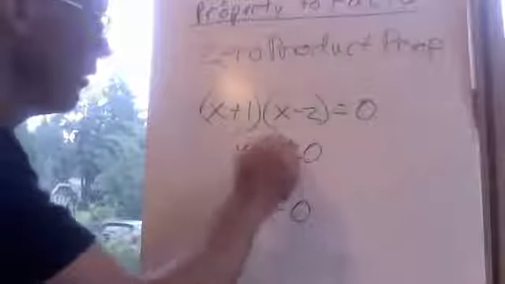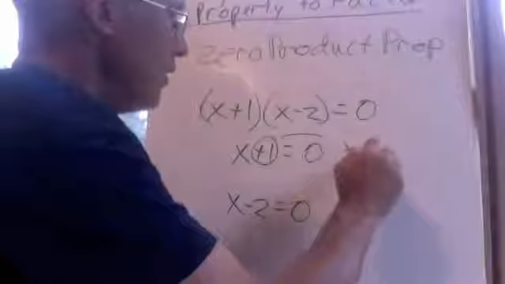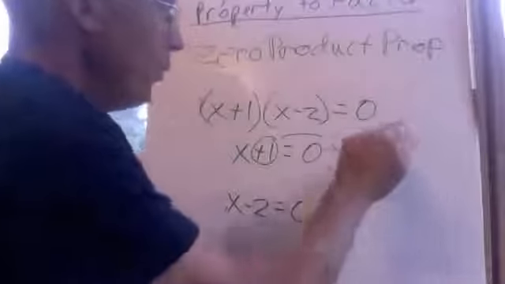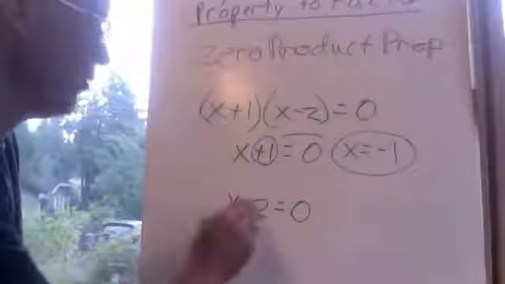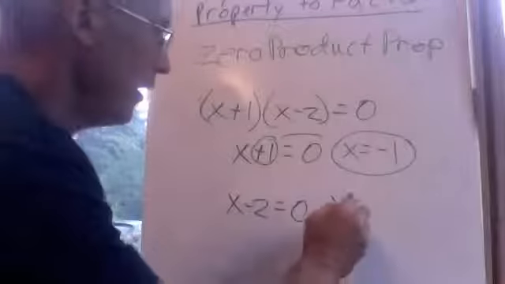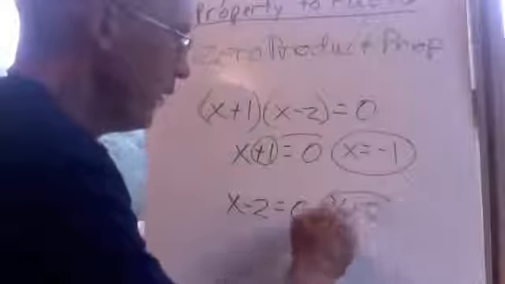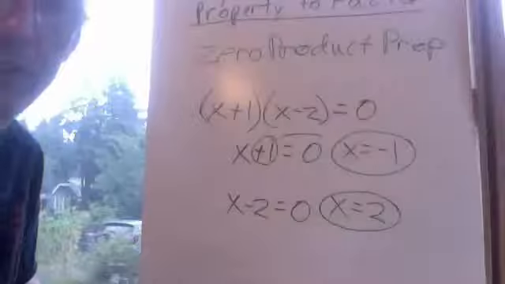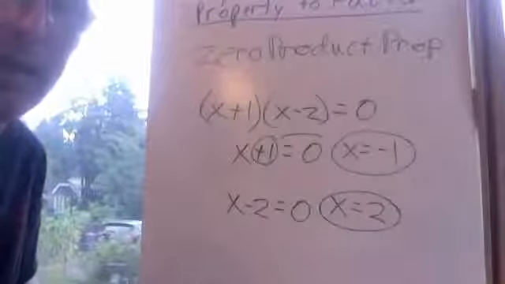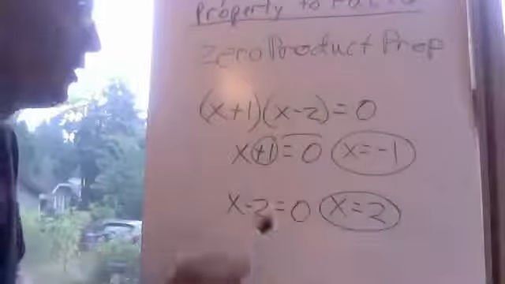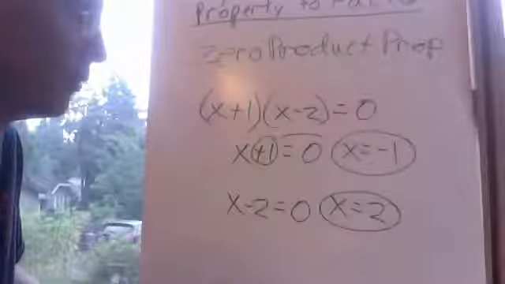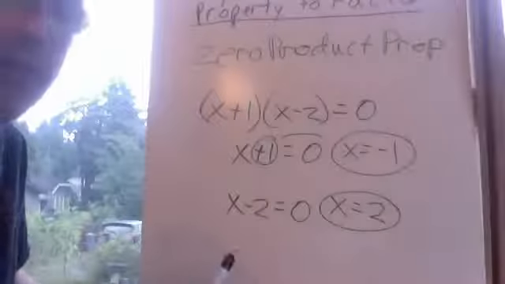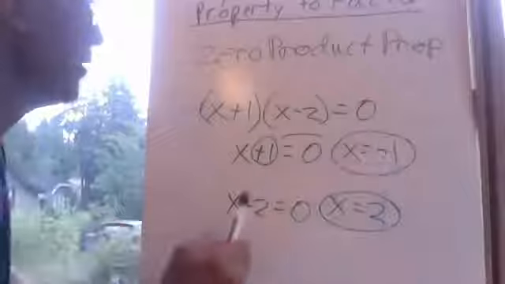Take the 1 over to the other side. x equals -1. That's one possible answer. Take the 2 over to the other side. x equals 2. That's another possible answer. So my answers for this are x equals -1 or x equals 2. And if you want to, just plug them in. Plug in -1.